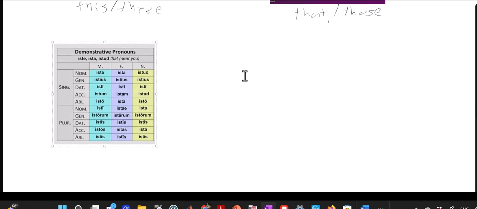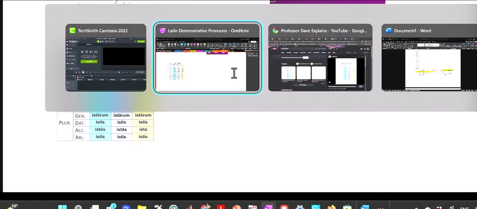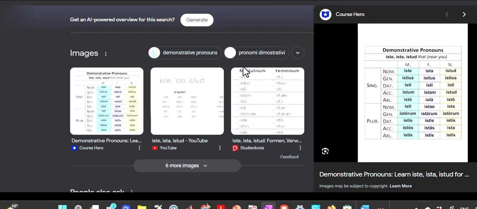And it is ipse, ipsa, ipsum. And it is an intensive pronoun.